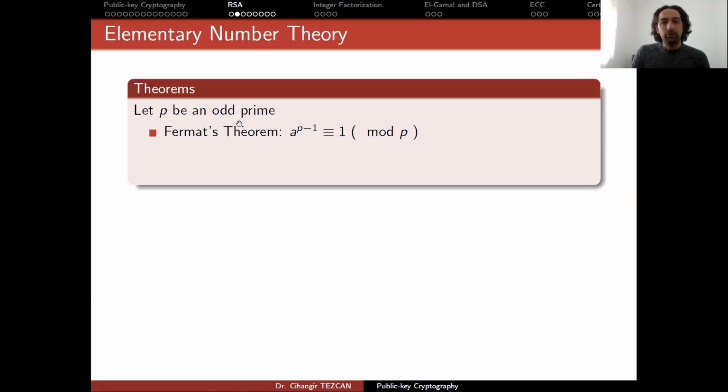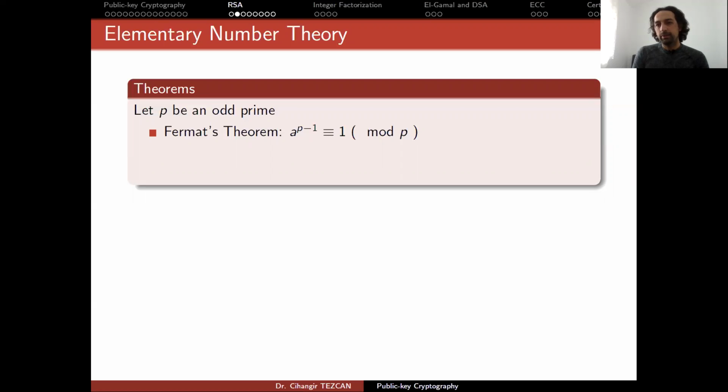Let p be an odd prime. Fermat's theorem says that a^(p-1) is equivalent to 1 modulo p. This is a good observation which we are going to use for primality tests. We already mentioned that a decision problem and a search problem are somewhat different.